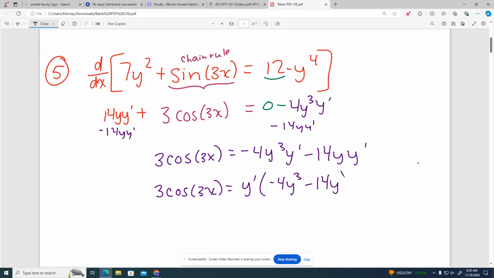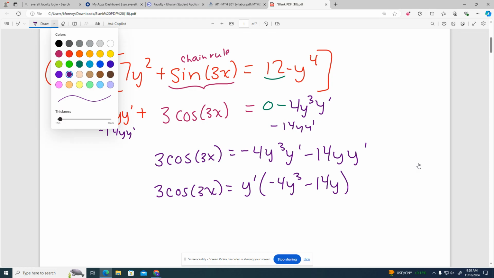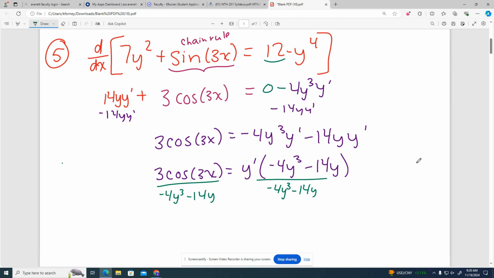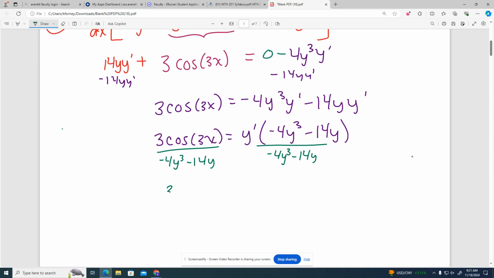I just think it makes it easier to see what we're doing. And then we can divide by the negative 4y cubed minus 14y. And so 3 cosine 3x over negative 4y cubed minus 14y equals y prime.